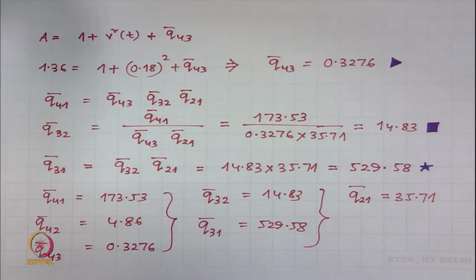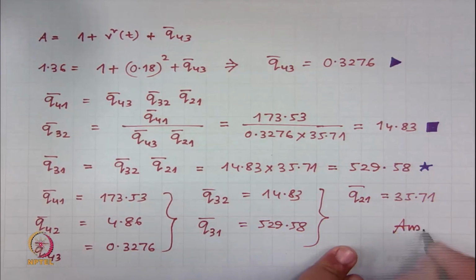So, this is the mean number of lower units in the higher units. This is the answer to the problem.